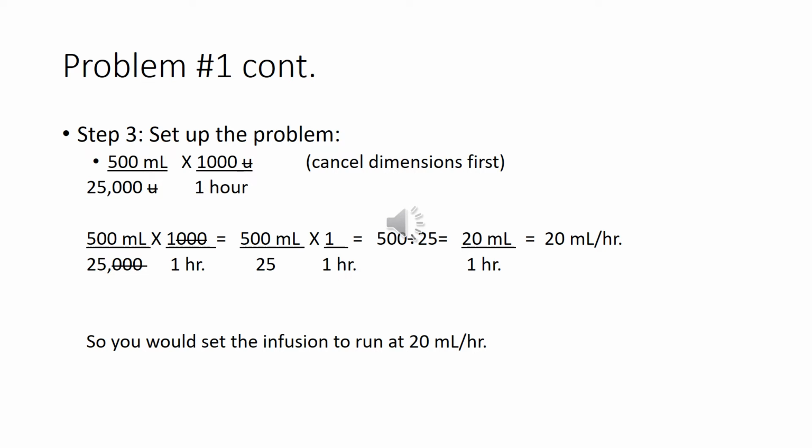So now it is down to 500 mil times 1 on the top, 25, and 1 hour on the bottom. So basically, you're going to divide 500 by 25, which will give you 20 mils per hour. So you would set the infusion to run at 20 mils per hour.